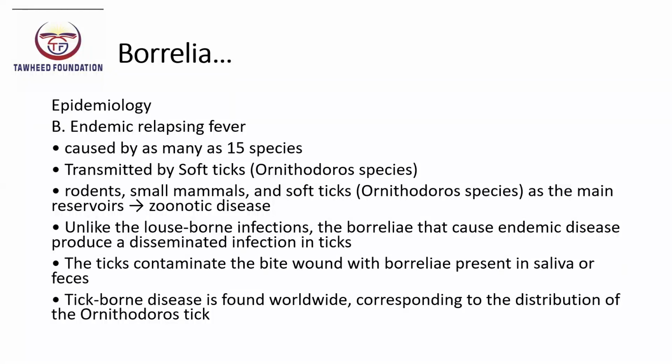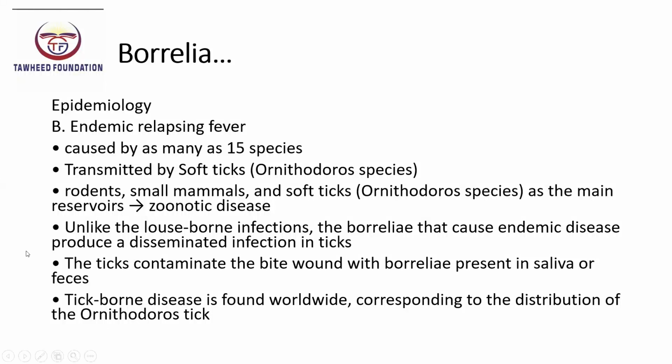Unlike lice, infected ticks can develop disseminated infections, which means they remain carriers for life. Human infection occurs when ticks bite and contaminate the wound with Borrelia in their saliva or feces. So, this disease is distributed worldwide wherever Ornithodoros ticks are present, and it is considered a zoonotic infection.